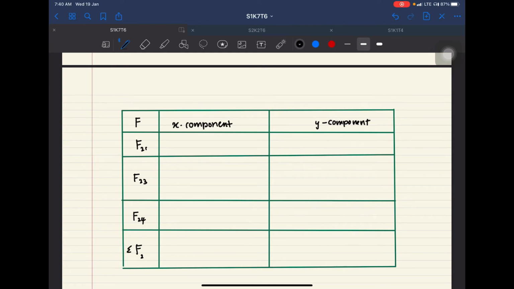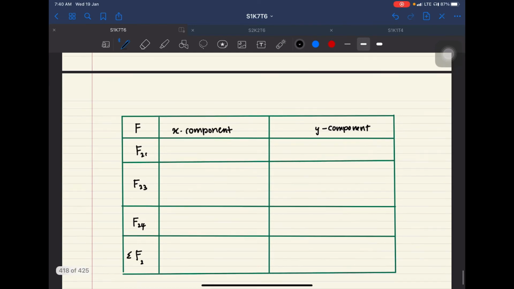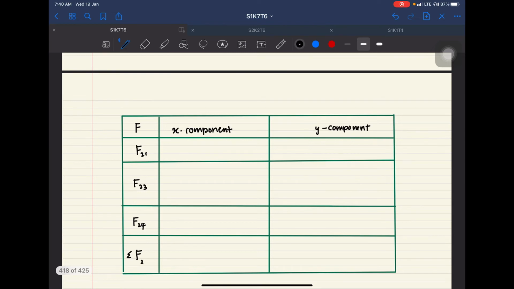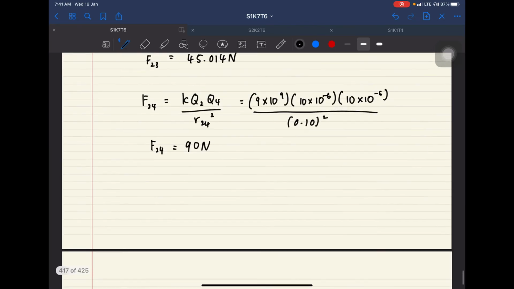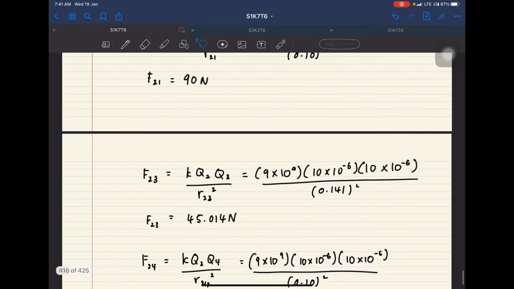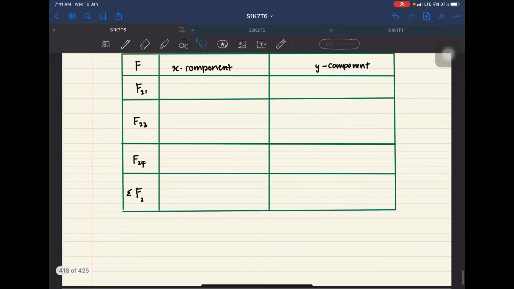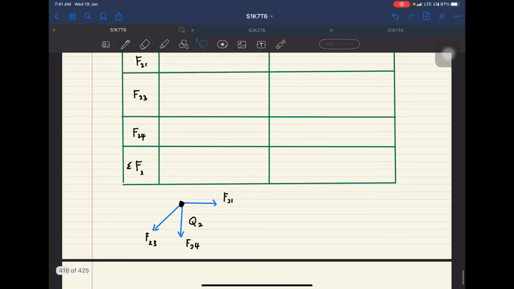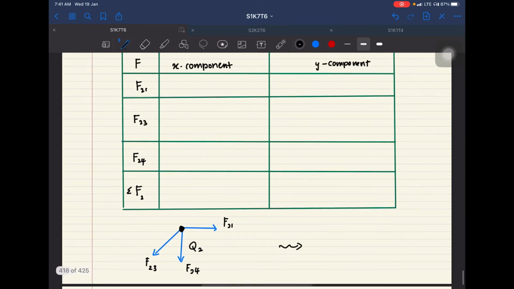Okay, then you're going to do X component and Y component. Normally I do the easiest one first, which is F21 and F24. If you still remember, this is the diagram, just copy it down. That one is the initial, this would be the final, later we draw.